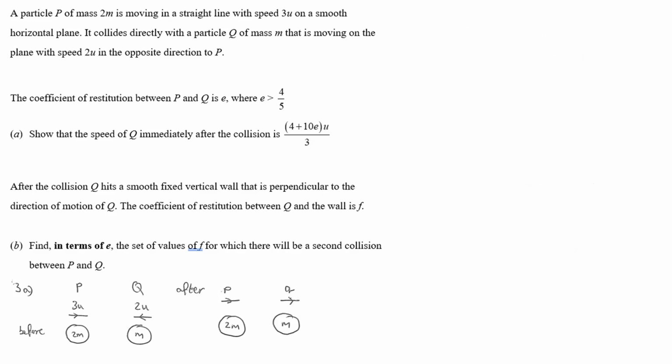Find out, in terms of E, the set of values of f for which there will be a second collision between P and Q. So I've said f is equal to W. Now W, I haven't put that on the diagram, which is the velocity I've labeled as it coming off the wall. So hitting it, the velocity of q is what we worked out earlier, and I rearranged that to work out an expression for W.